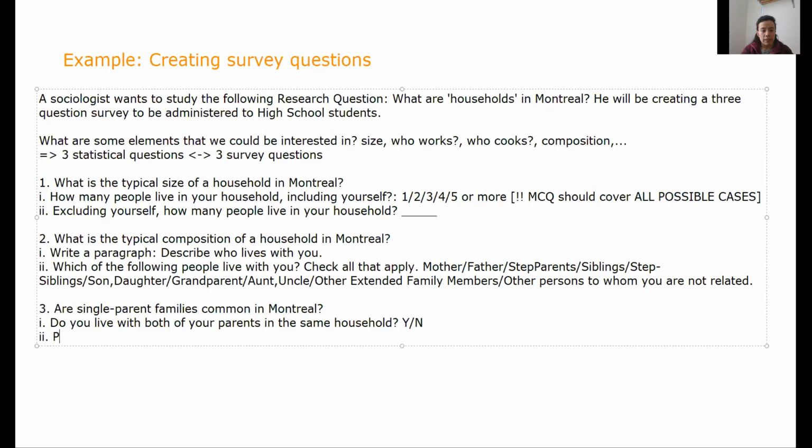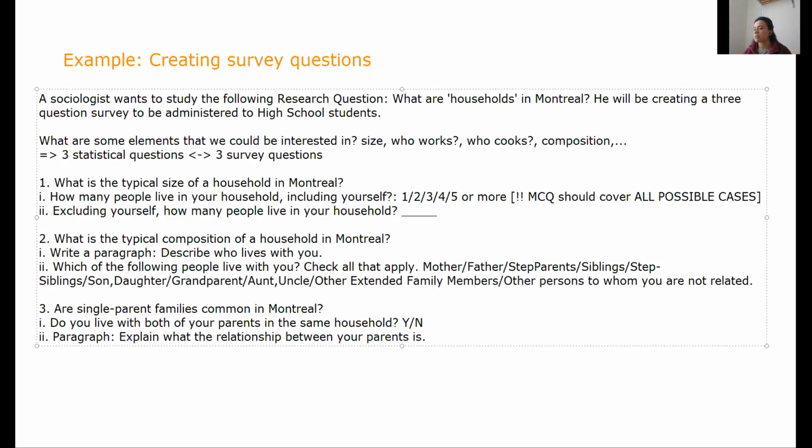Or you can write a paragraph and then explain what the relation between your parents is, and so on like that.